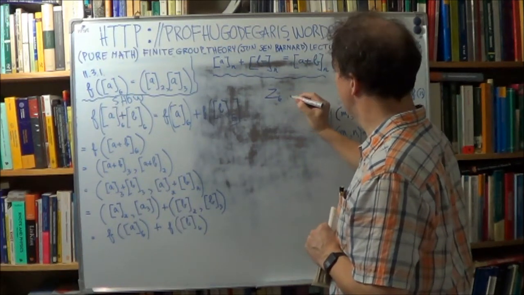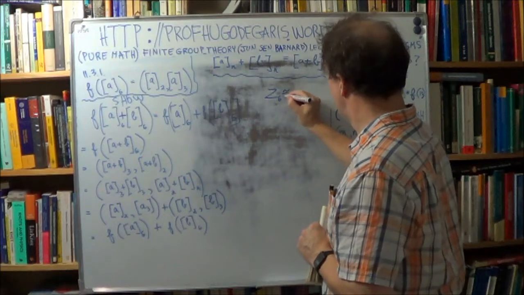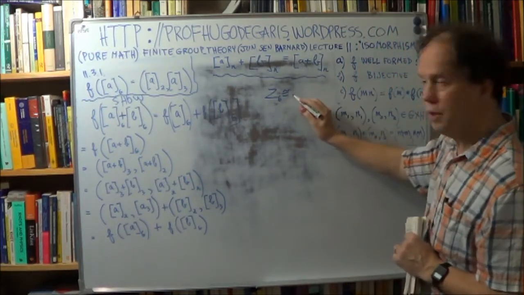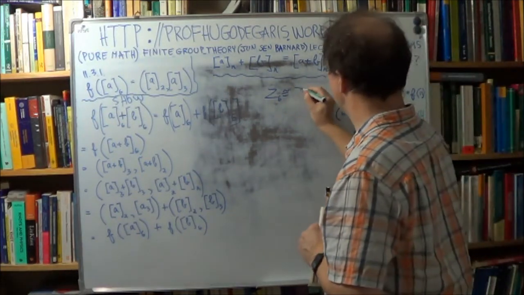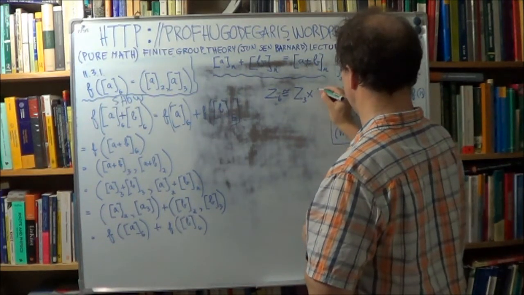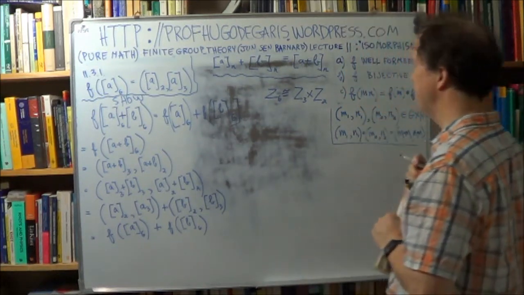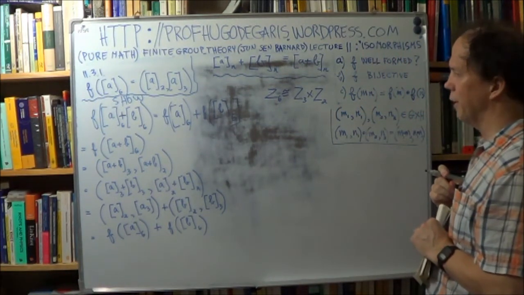So Z to the sixth is homomorphic, so tilde equals sign to Z3, Z2. Okay? So we've done it.